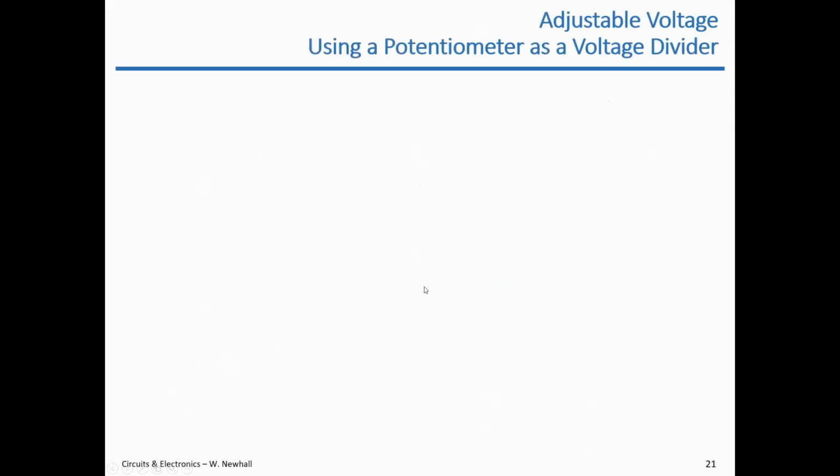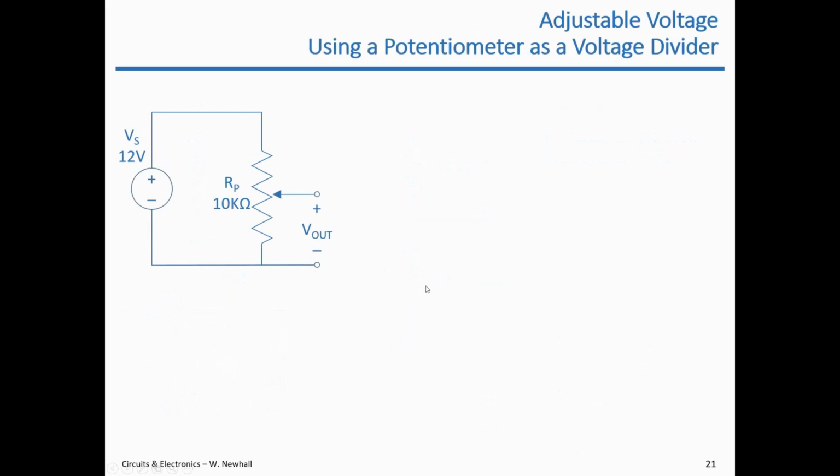You can create an adjustable voltage using a voltage source and a potentiometer and all 3 terminals. So here's a 12-volt source, and I have a V out, and I'm going to show you that V out can range, based on turning the knob, between 0 volts and 12 volts.